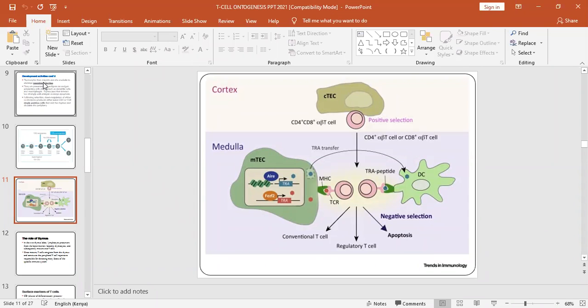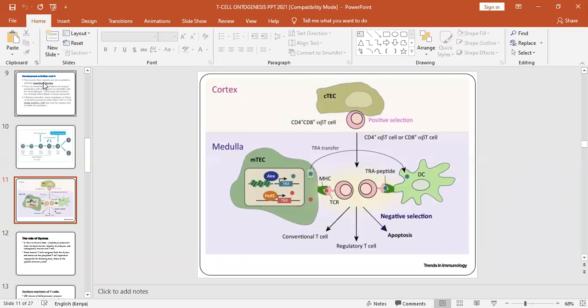Remember, in the previous stage, this cell has both co-receptors, and it is good that both can recognize these self-antigens. But here, in the medulla region, the cells have differentiated further into individual CD8 or CD4 cells. And for that reason, these cells must also be tested.